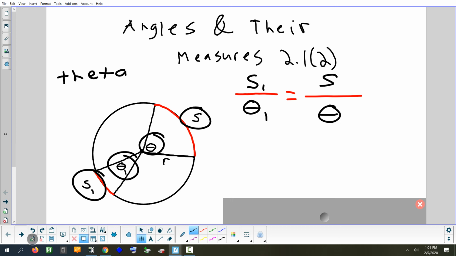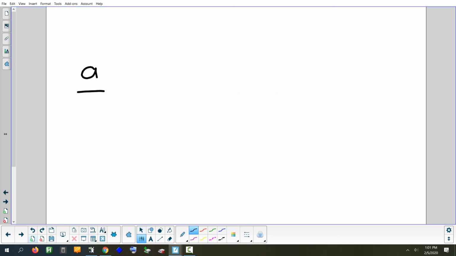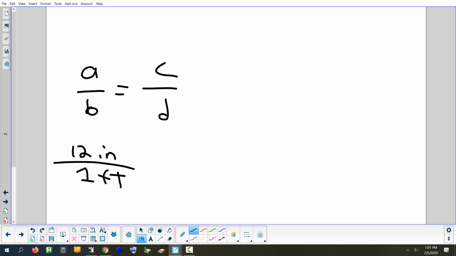It's kind of like if I gave you this proportion, and I said use that proportion to convert between feet and inches. Well, you got to fill in some stuff if you want to be able to do that. Like 12 inches, 1 foot. So I just filled A and B in. Now, you could give me a number for C or D, and I could solve it by cross multiplying.